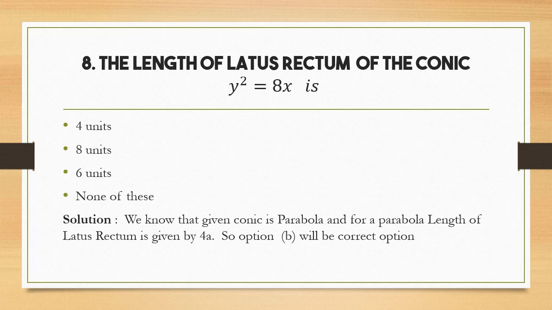For y square equal to 4ax, the latus rectum is 4a. Comparing y square equal to 8x with the standard equation, we get 4a equal to 8, which is the latus rectum length. So straight away you can mark option B as the right answer, that is 8 units.